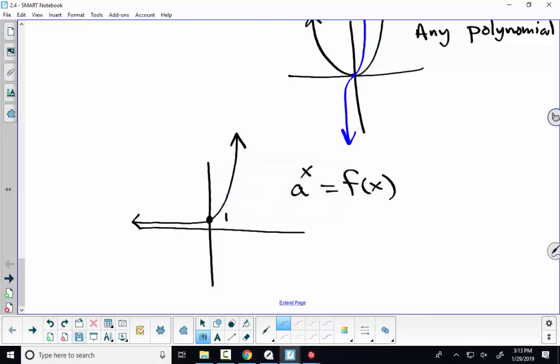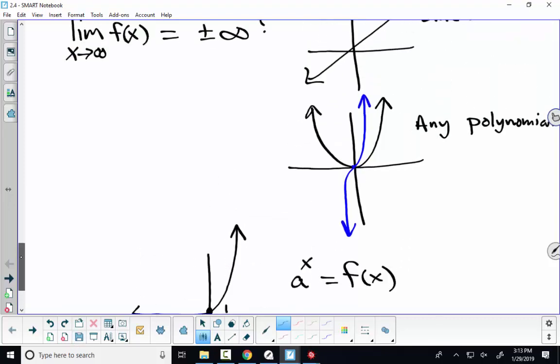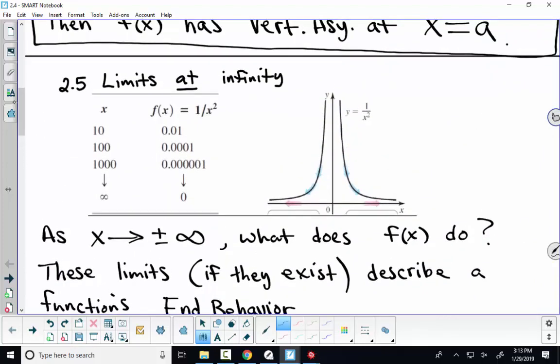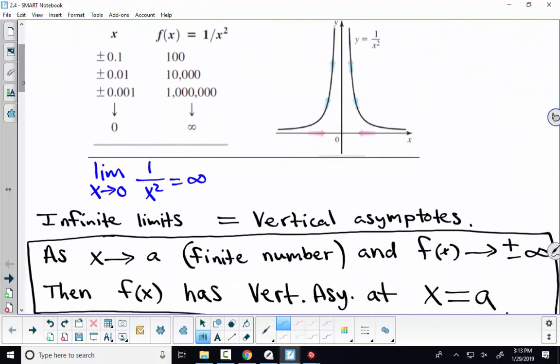All right, but right now I want you to take away that in 2.5, limits at infinity describe end behavior, infinite limits describe vertical asymptotes. That's a nutshell version of what we were trying to say there.